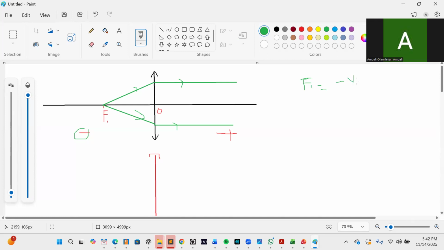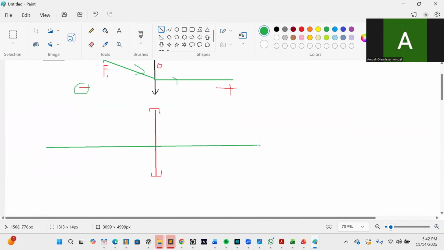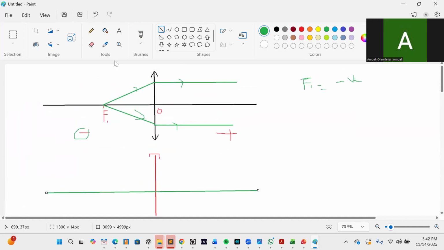Now for a concave lens, the F1 is actually a virtual point. It's also the point of origin in this sense, but this is how you draw it. For the convex lens, the rays are diverging and become parallel.